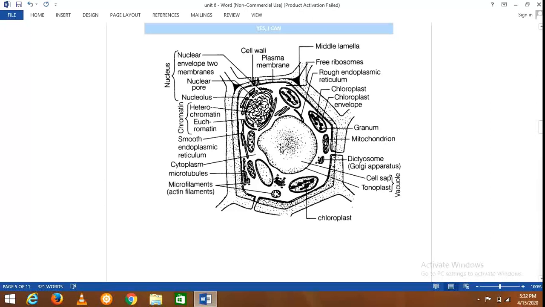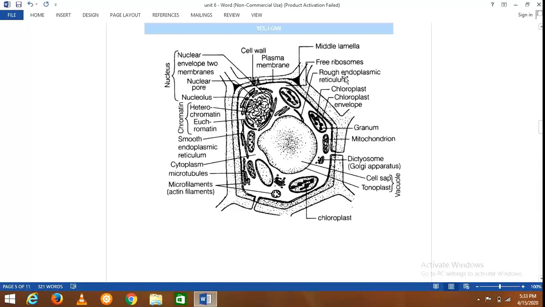Then you can see these structures just around the nucleus and freely available in the cytoplasm are known as endoplasmic reticulum. When there are these dot-like structures on the endoplasmic reticulum, they are known as rough endoplasmic reticulum.